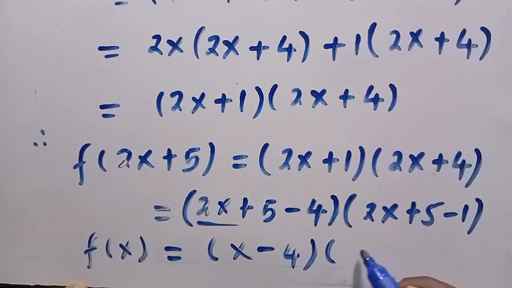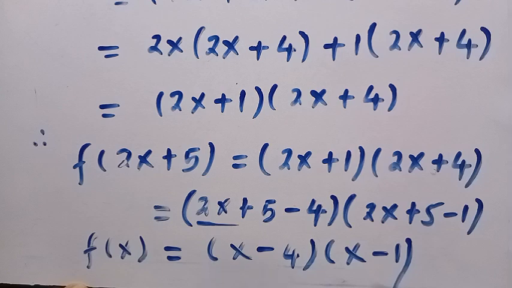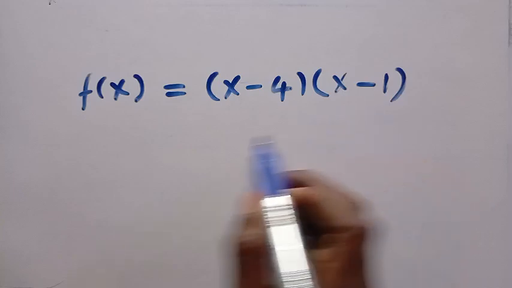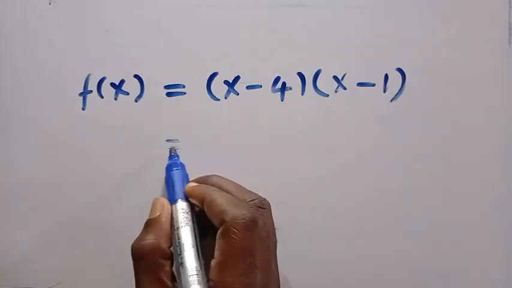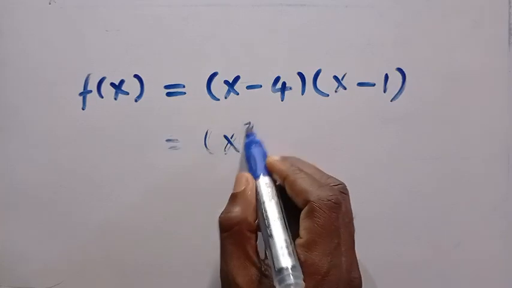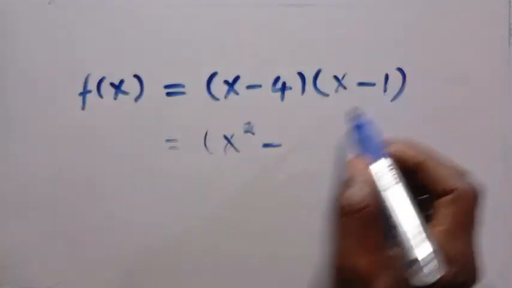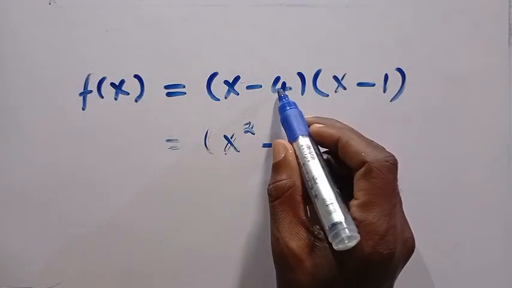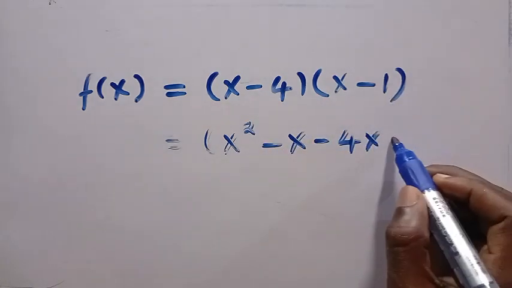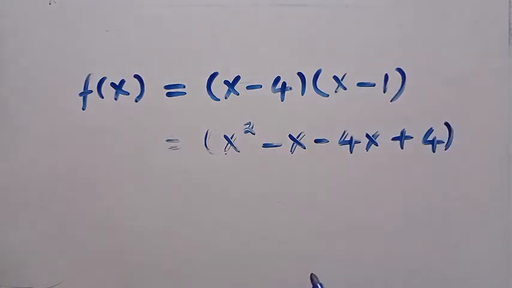Therefore, by changing every 2x to x, we have f of x equals x minus 4 multiplied by x minus 1. And by expanding this out, we have x times x, that is x squared, minus x times 1, minus x, minus 4 times x, minus 4x, and minus 4 times minus 1, we have it as plus 4.